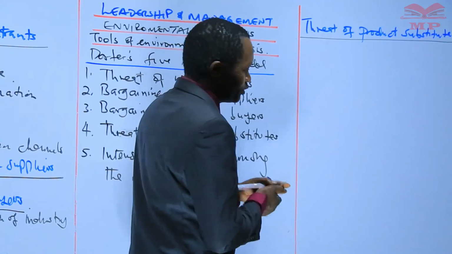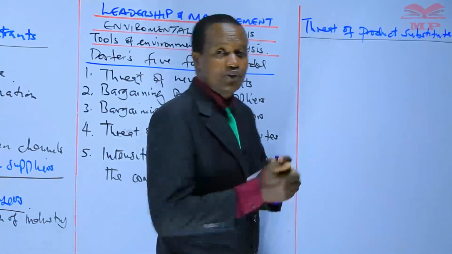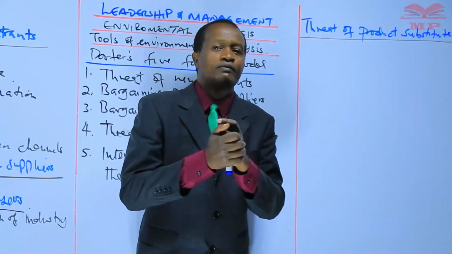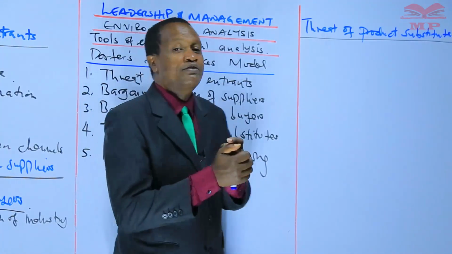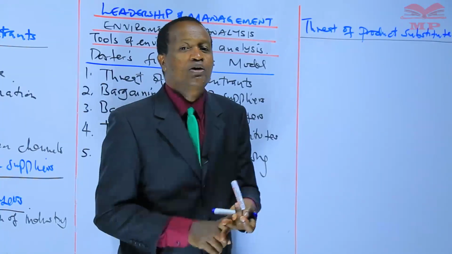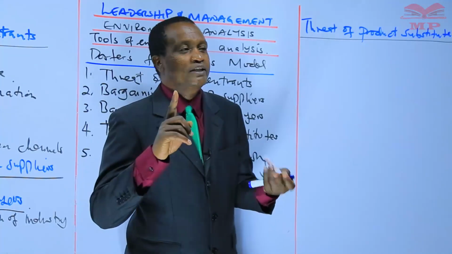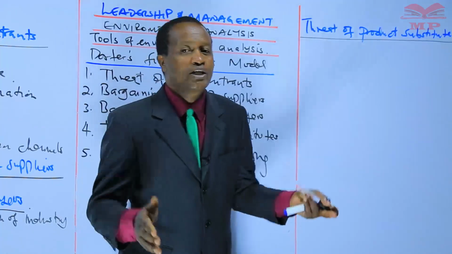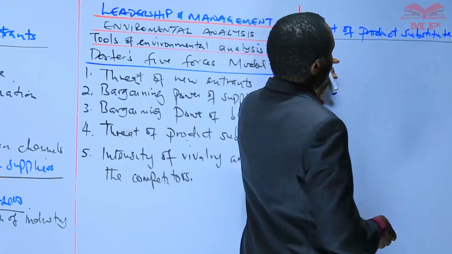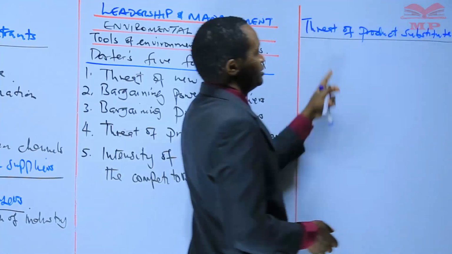If you are producing products that can easily be substituted, then you need to try as much as you can to do some differentiation. And that differentiation can be on the basis of price, quality, the services that you offer, the location, and so on, because this is a real threat.